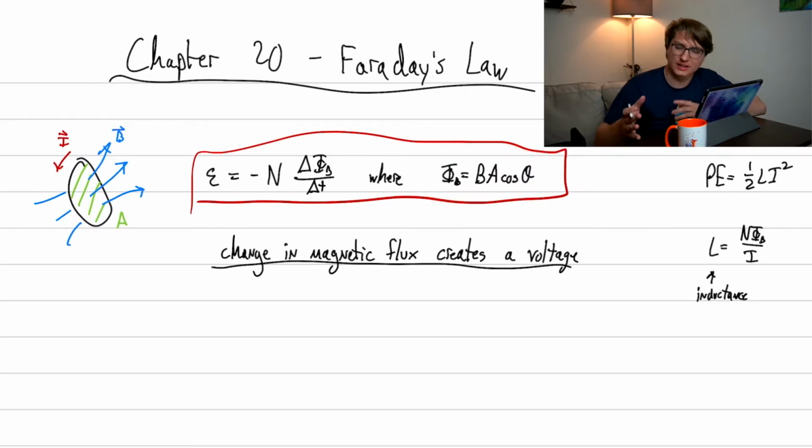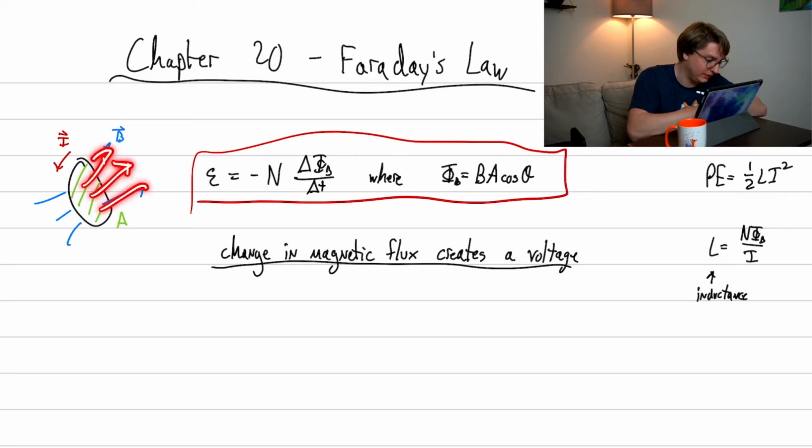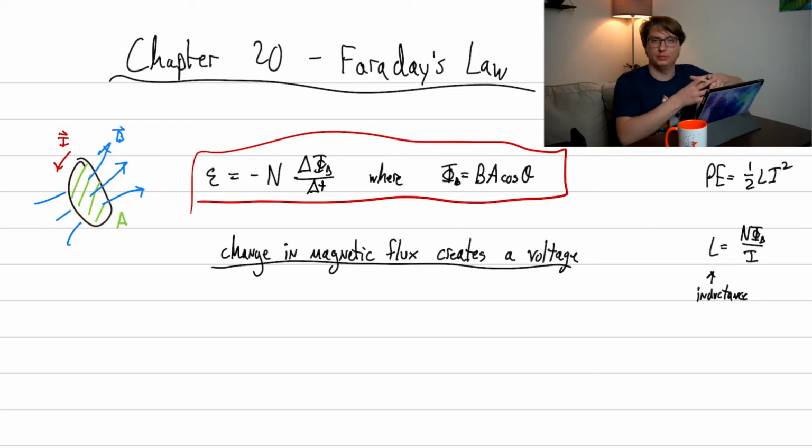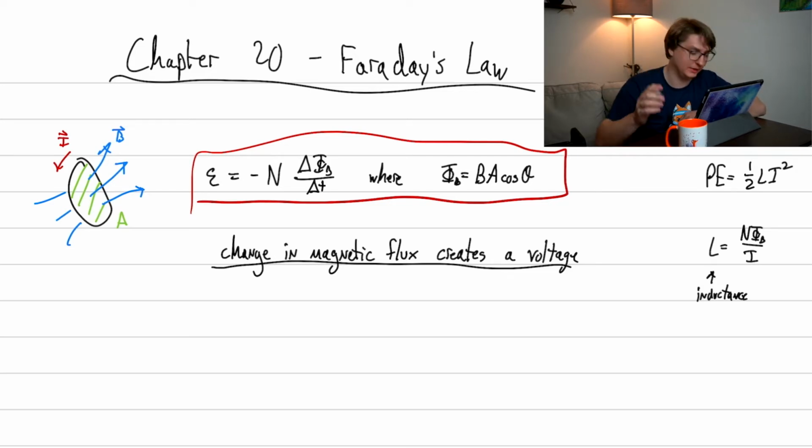Something really interesting happens when this magnetic flux changes, and that can happen in a ton of different ways. You can increase or decrease the magnetic field. You can take this loop and make it bigger or smaller, or maybe you just turn it. But if you change the magnetic flux, that's this term here, along with the number of loops, you'll actually induce a current, or specifically an EMF, or voltage.